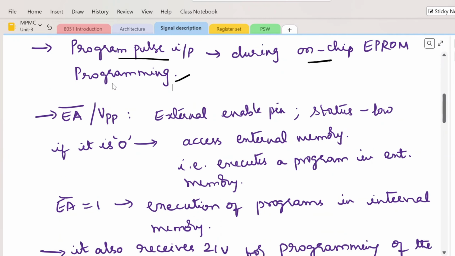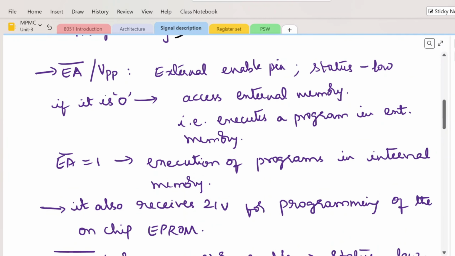Next coming to EA bar by VPP. This is also a multiplexed signal. EA bar means external access pin, and its active status is low. If it is 0, the microcontroller can access external memory.